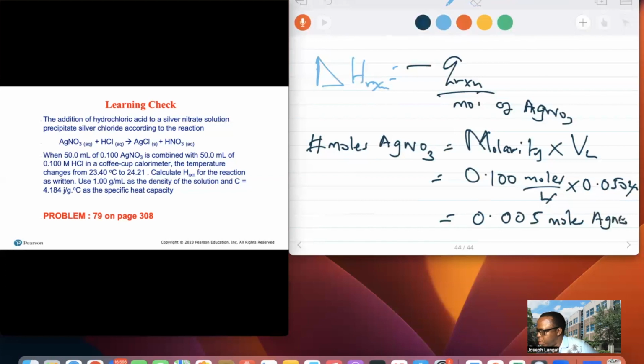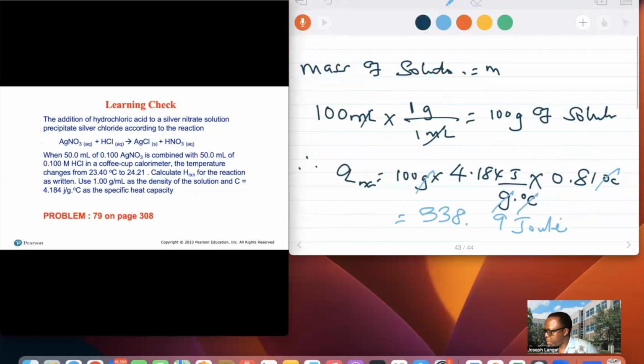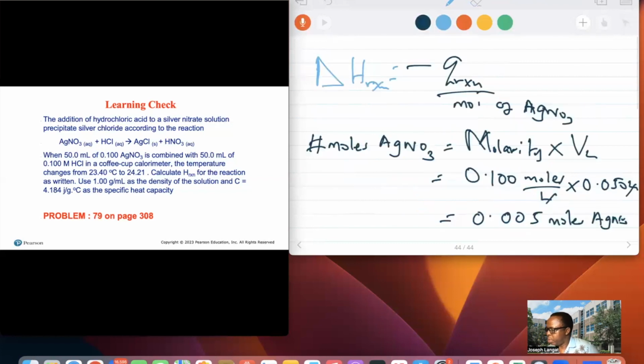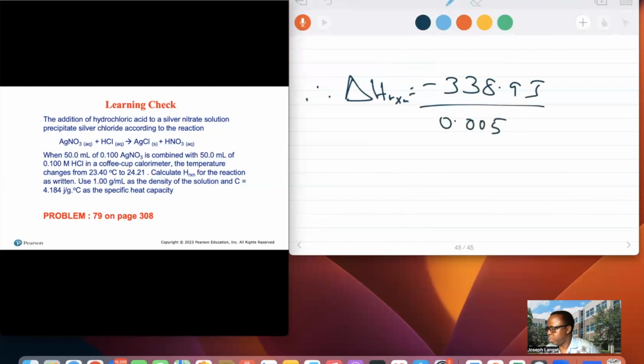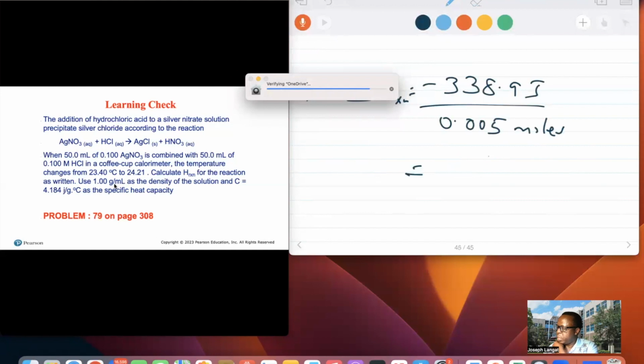Now we just plug in 338.9 joules divided by the moles. This is close to 67.7 kilojoules per mole, to three significant figures.